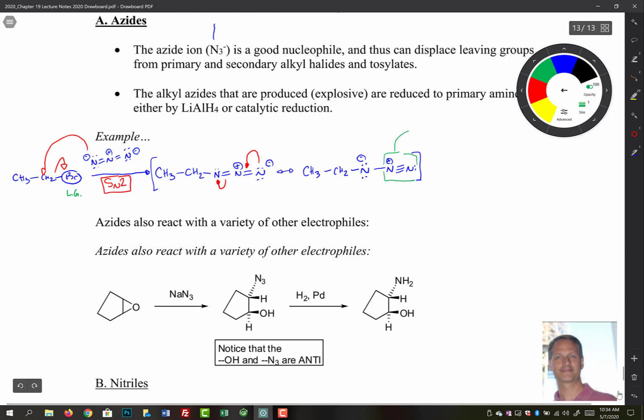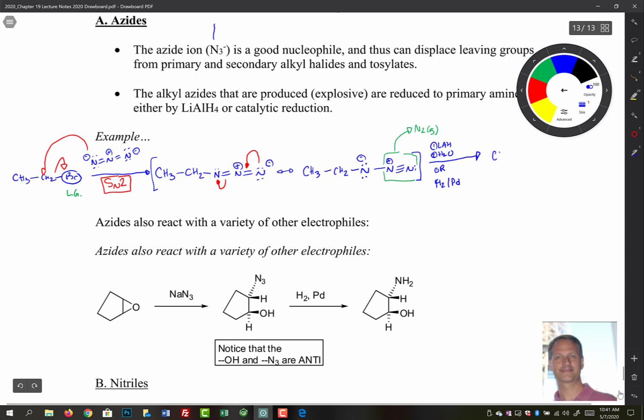That's going to eventually leave as nitrogen gas. So the second part of this reaction mechanism, we're really not going to get into the details of that step, but what we would use here is typically LAH and H2O, or you could use catalytic reduction. So that's like H2 with palladium, for example.